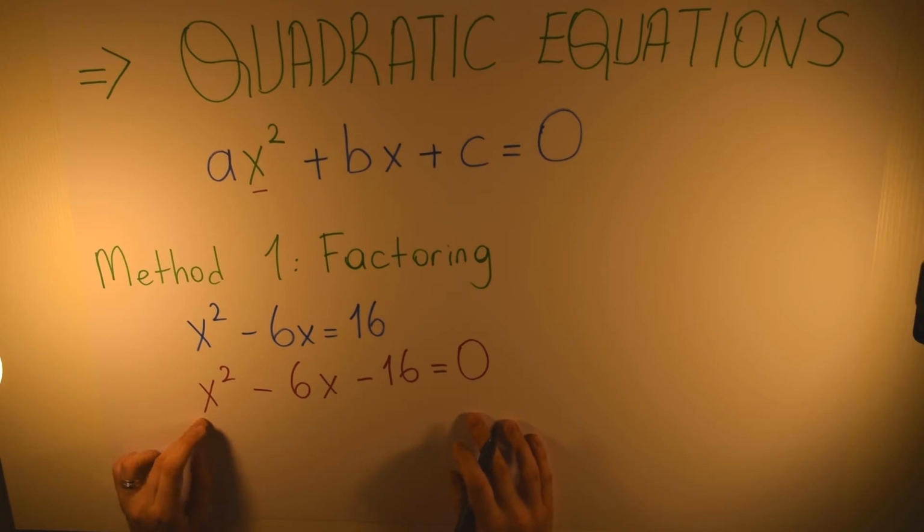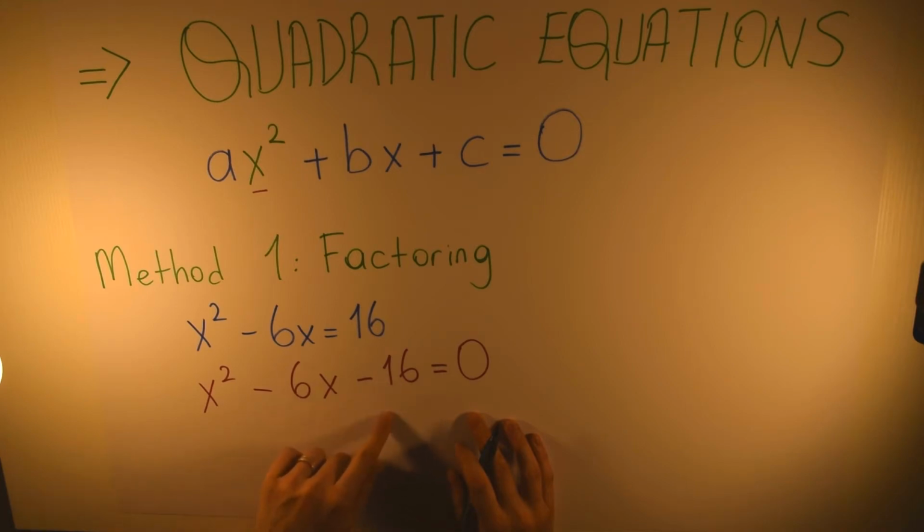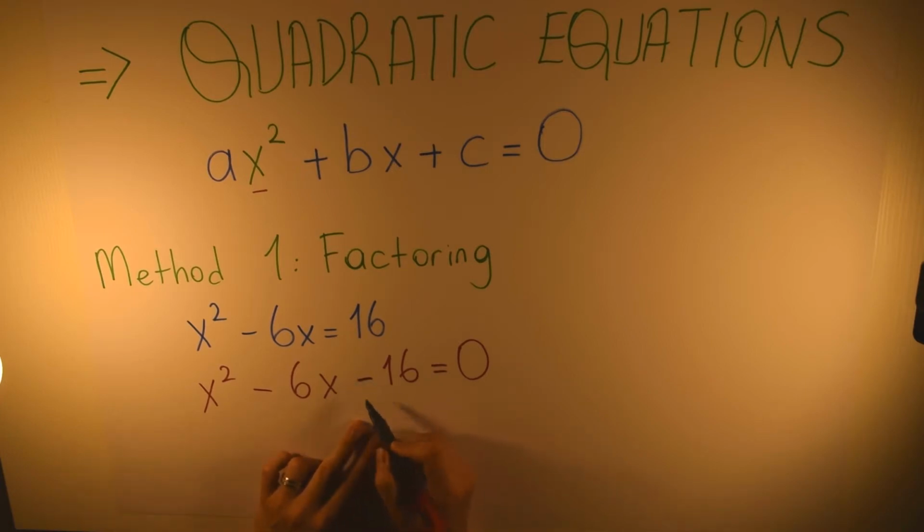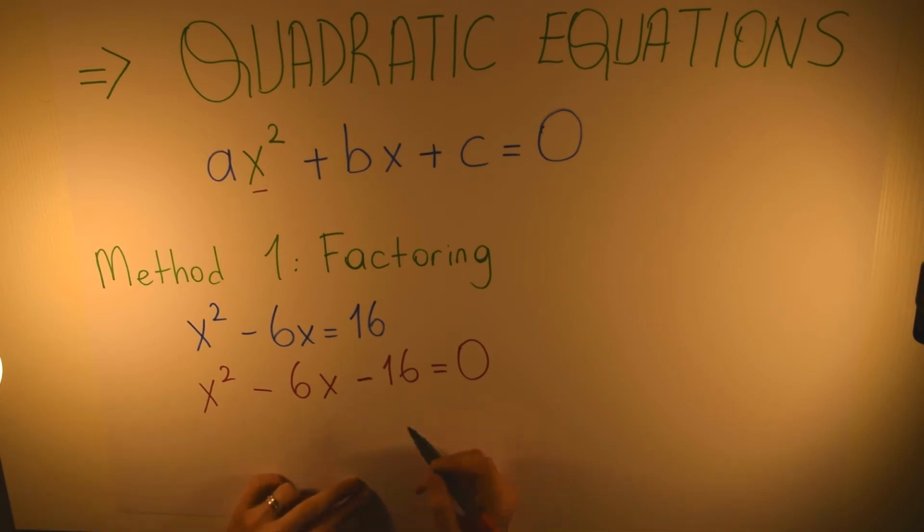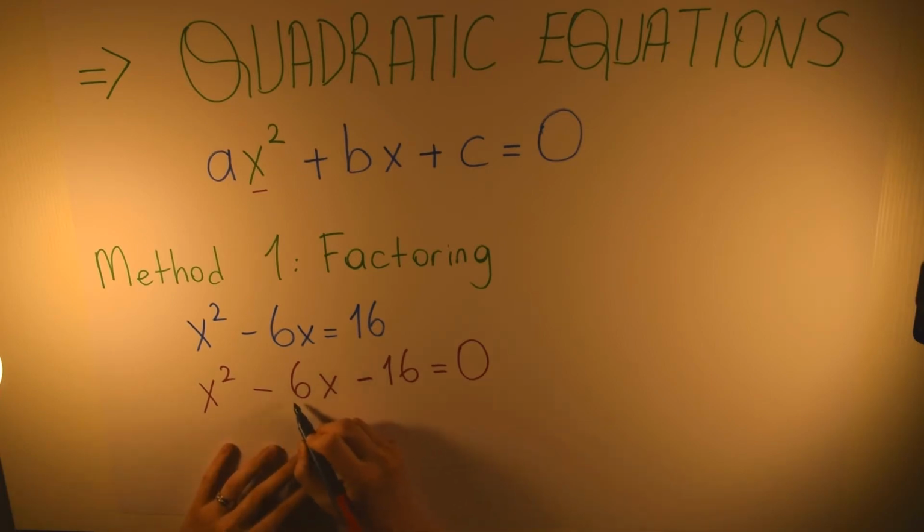How do I do that? We factor our constant into two factors, and these factors should give us minus 16 when we multiply them. Don't forget the sign. And when they are summed up, they should give us minus 6.